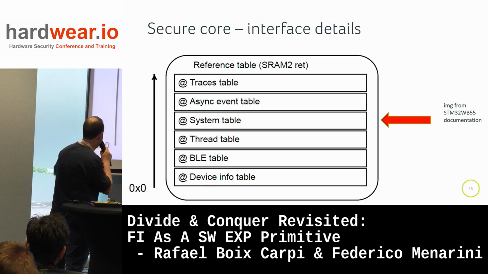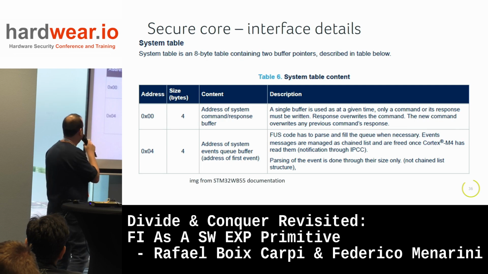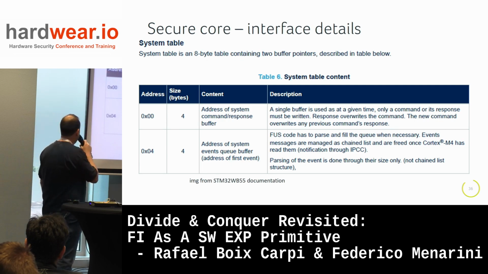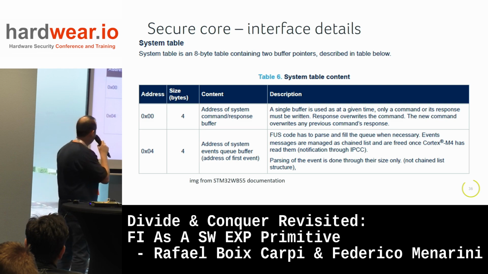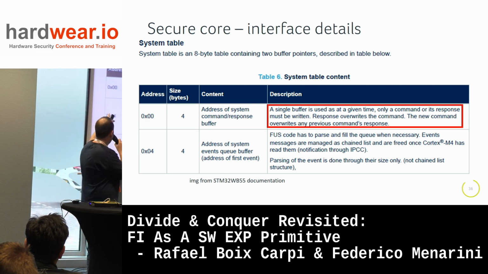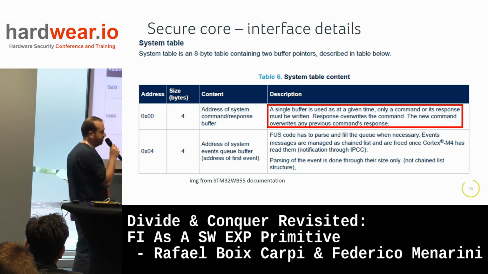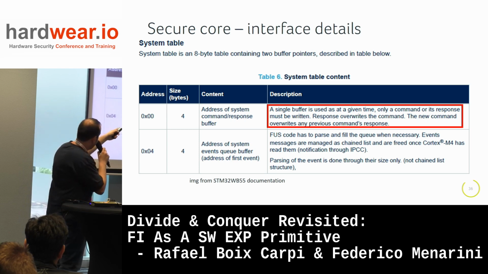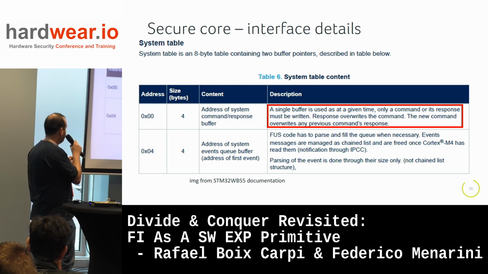It's the fourth entry here, as highlighted by the arrow. If we look at ST's documentation, we see that within this system table, there is at offset 0 another pointer to a buffer, and this is our command buffer. We will put our command there, and the secure core will put its answer back in the same location.